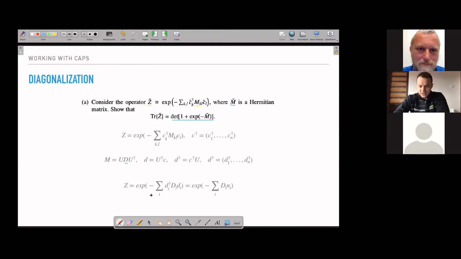By expressing this, we simply write again the formula for Z. Here, D_i are the eigenvalues of the matrix D. And because this is just an eigenvalue and not a matrix anymore, we can put d_i dagger after the eigenvalue, and we find the number operator.